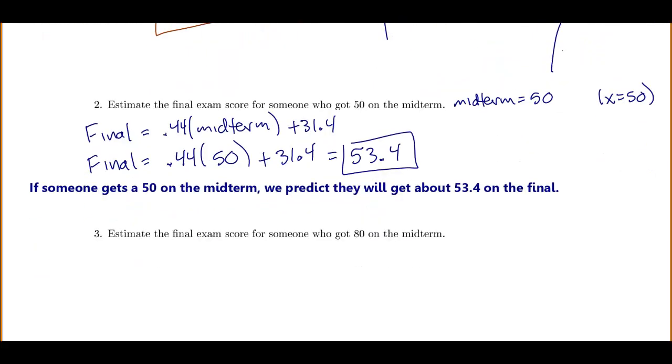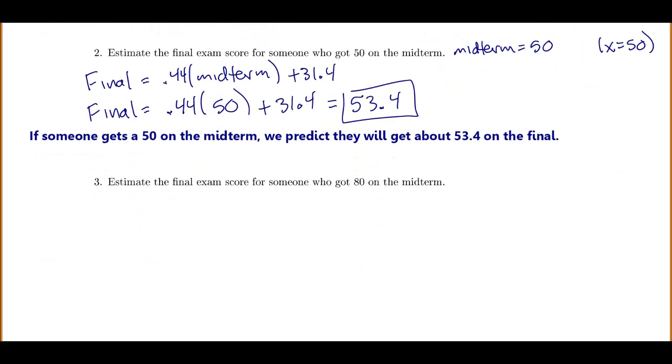Let's estimate the final exam score for someone who got an 80 on the midterm. So that just means that the midterm score equals 80, or x equals 80. And you can use either equation in line. Just so that you can see it, I'll say that I didn't write in context, and I'll just use my y and x format. So y equals 0.44x plus 31.4. So all I have to do is just plug in x equals 80.